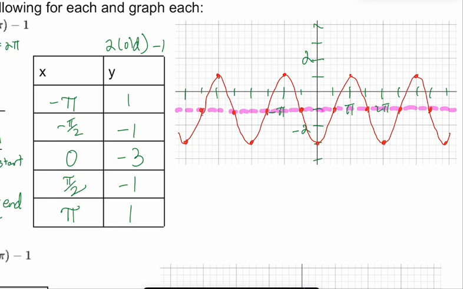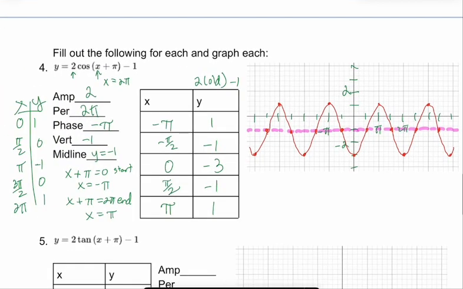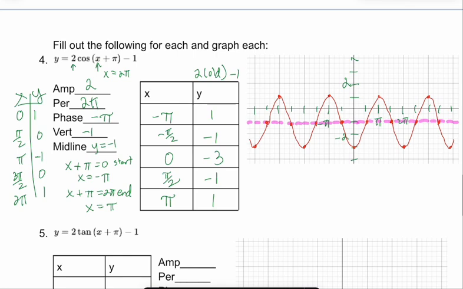Now, our next two graphs are going to be built from that graph. These same exact transformations occurred, so let's use that to help us. Do you see how, look at my transformations? Same transformations, okay?